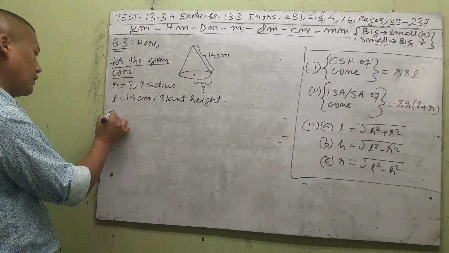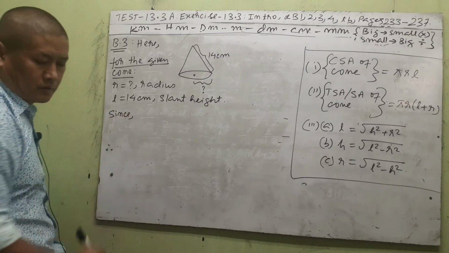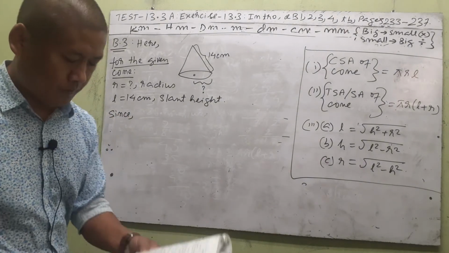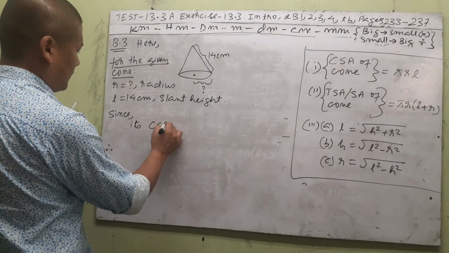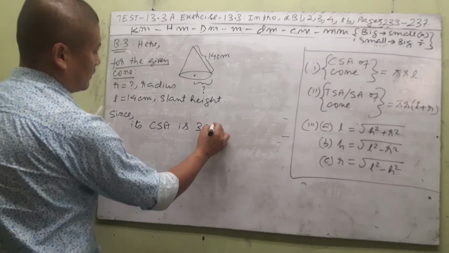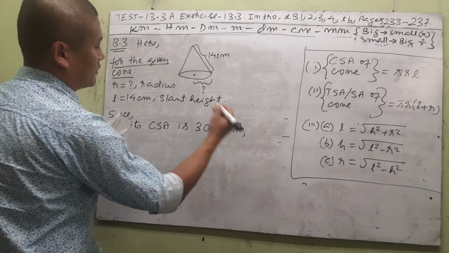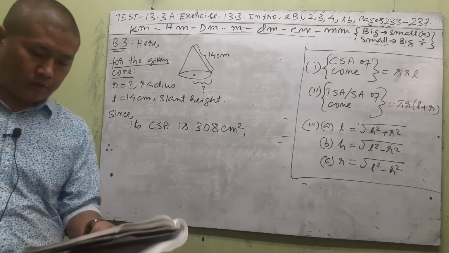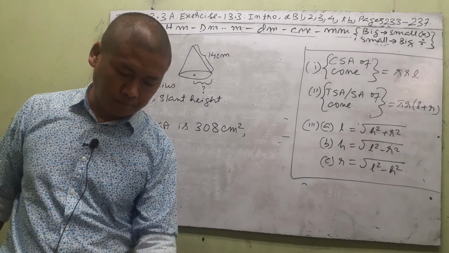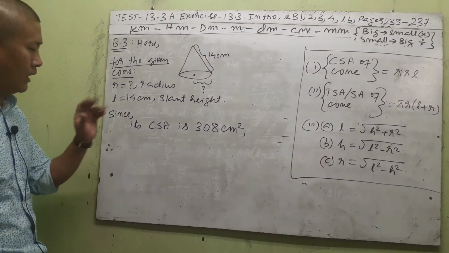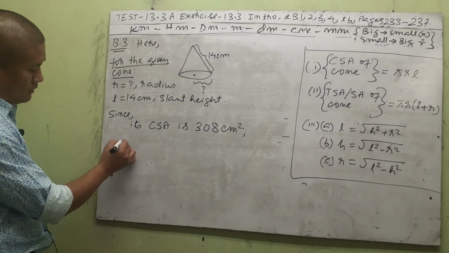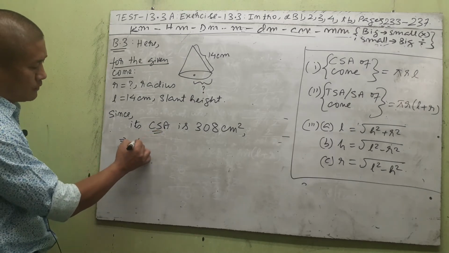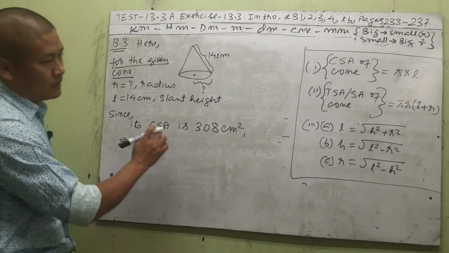So since the question is saying curved surface area is 308, so its curved surface area is 308 centimeter square. Look into your question, it's written like that, right? We can use this to find the R. Let's see. So next here, that implies curved surface area formula pi RL, as we can see it from here.